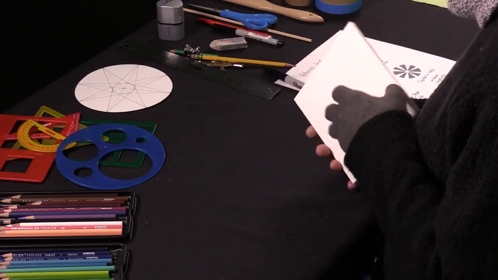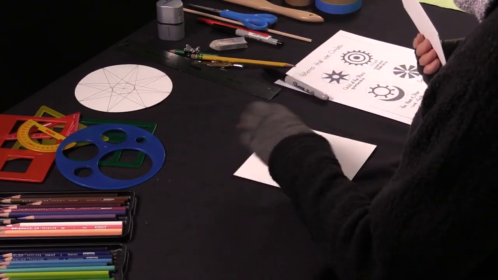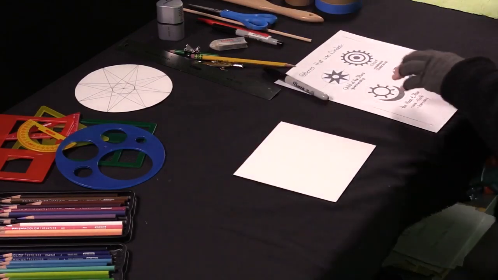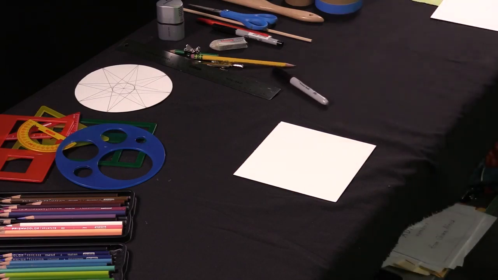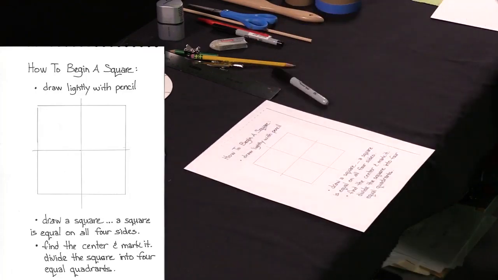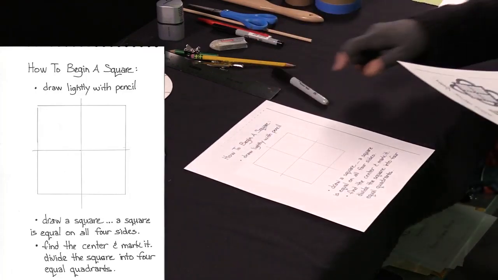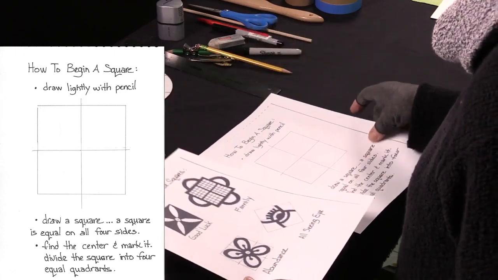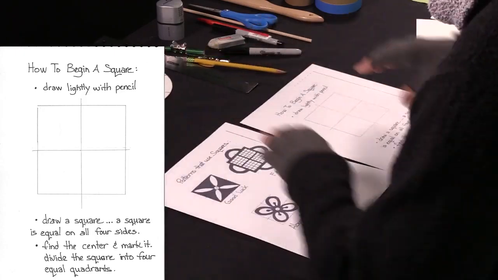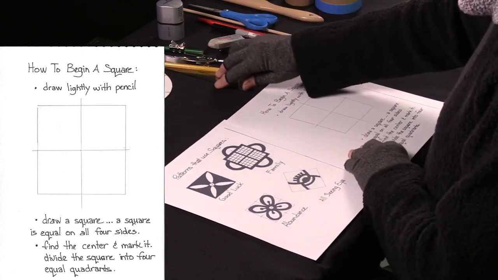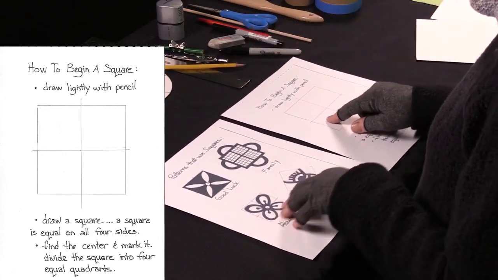I'll get my square board out. I think I'll use a board. And I'll choose my square design. It's kind of the same way that we did the circle.